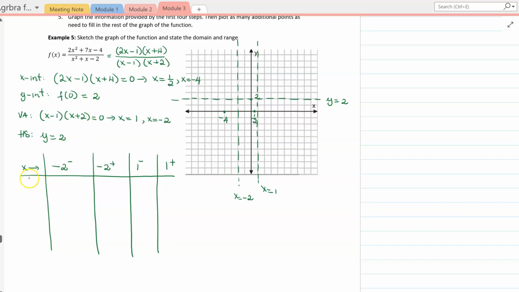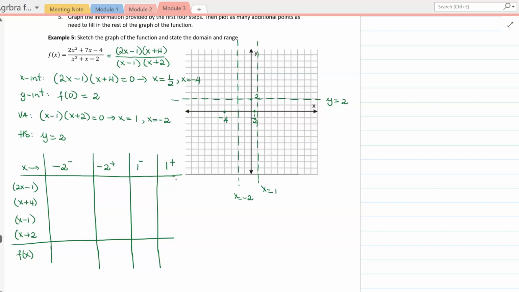We already factored our f of x to be 2x minus 1, x plus 4, over x minus 1, x plus 2, and let's see what would happen when we put them all back together.